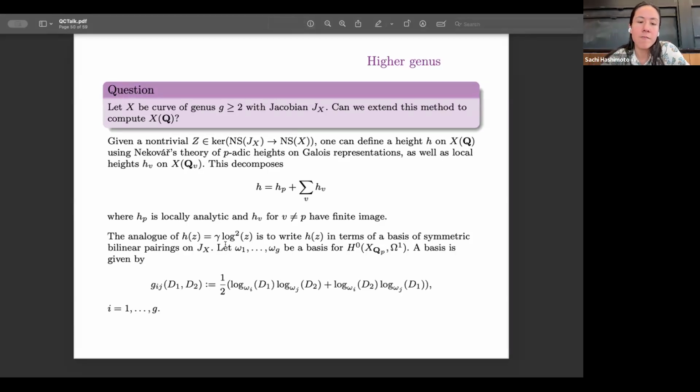Well, if I fix a basis for my holomorphic differential forms, let's call them omega 1 through omega g, then I can find a basis of symmetric bilinear forms given by products of logarithms with respect to omega i. So log omega i times log omega j plus the converse, where here I've swapped the divisors in each one. And I'll call these functions g_ij.